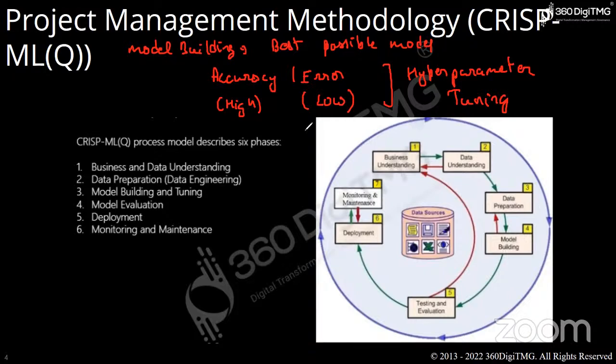Once that is done, we go with model evaluation, where we are taking the testing data and we try to check for the accuracy here. If your testing accuracy is good, then you move on to the next step. If your testing accuracy is poor, then you go back to the model building stage. Here we are dealing with unseen data, data that the algorithm has never seen before.